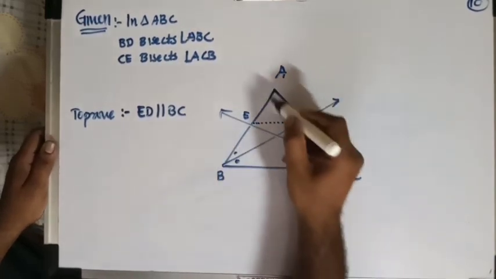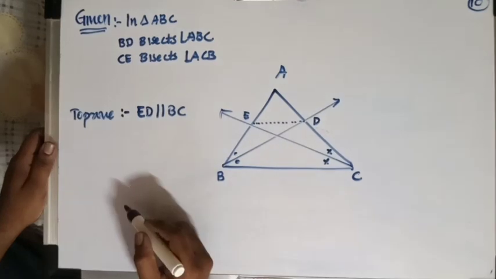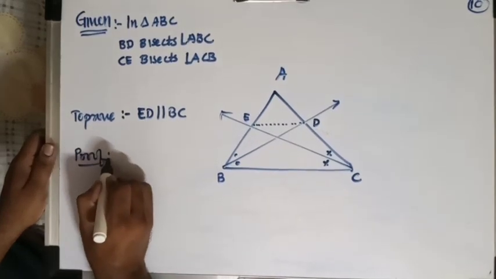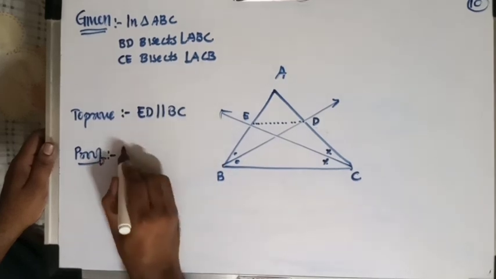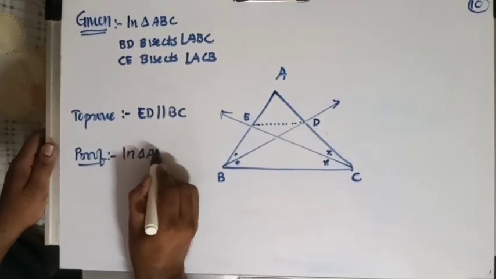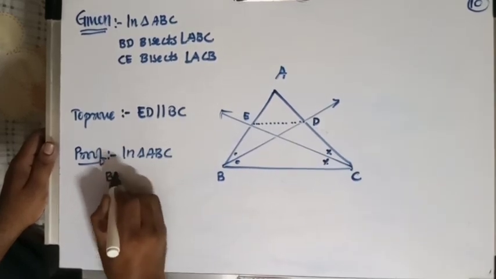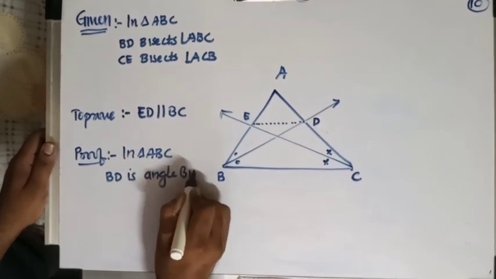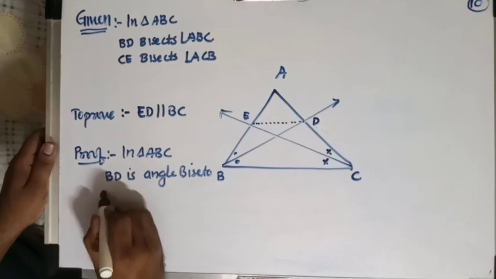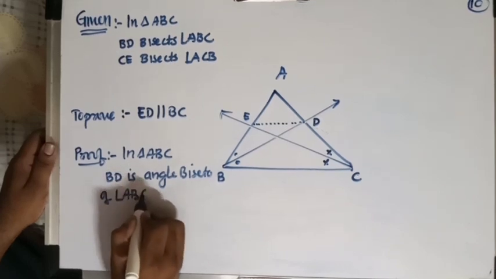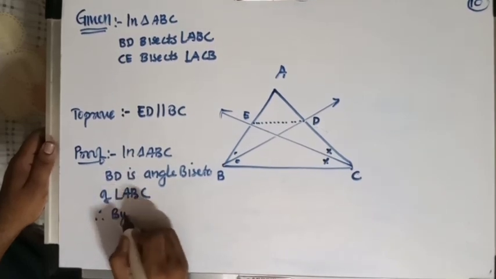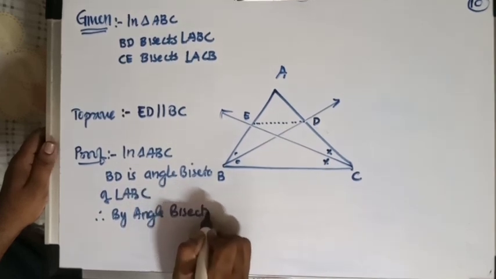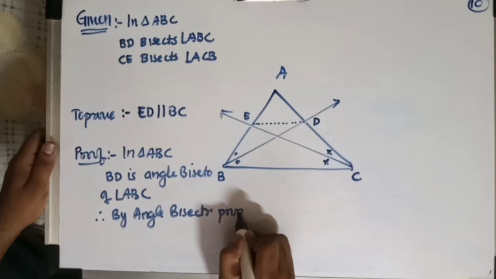See children, if BD is bisecting angle ABC, it means BD is the angle bisector. So I'll apply angle bisector property first. See, so first in triangle ABC, BD is angle bisector of angle ABC. Therefore, by angle bisector property, what does angle bisector property say?